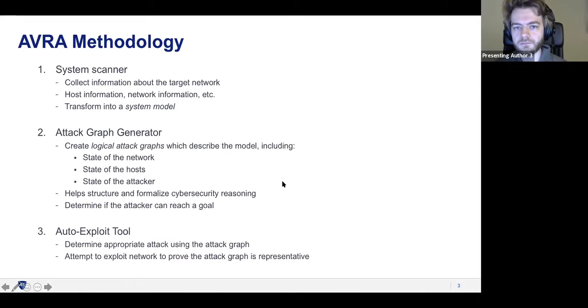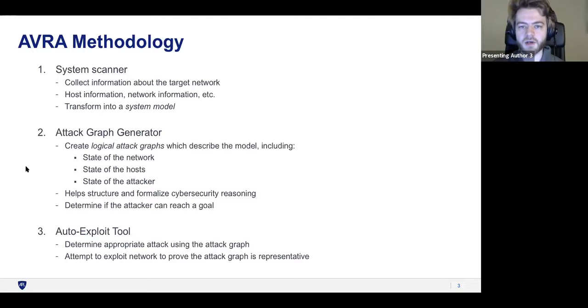So the tool or the methodology is composed of three different parts, which you can think of as like a pipeline, right? So the first stage of the pipeline here is the system scanner, which basically is just an aggregator of information.